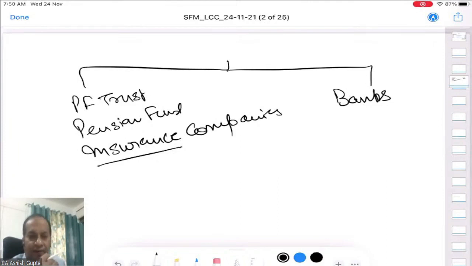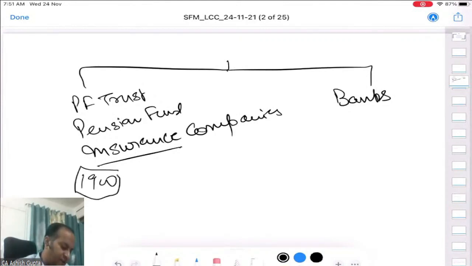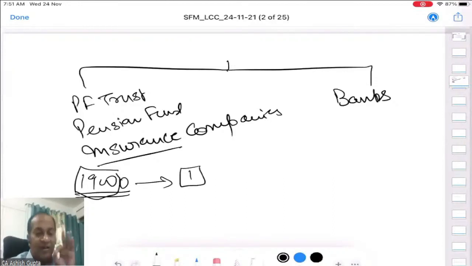Now, say on a random basis, I'm not an actuary, out of say 19,000 people on death expectancy, I'm not sure about the figure, only 1% will file a death claim, that is, family members of this person will claim the insurance benefit.